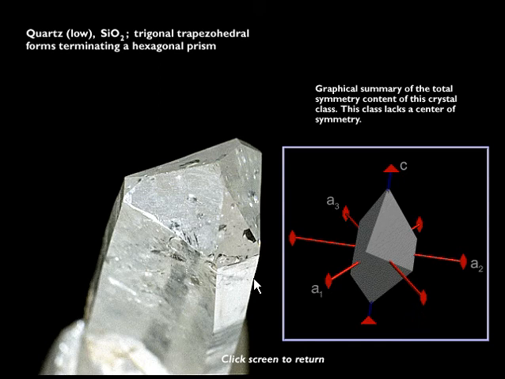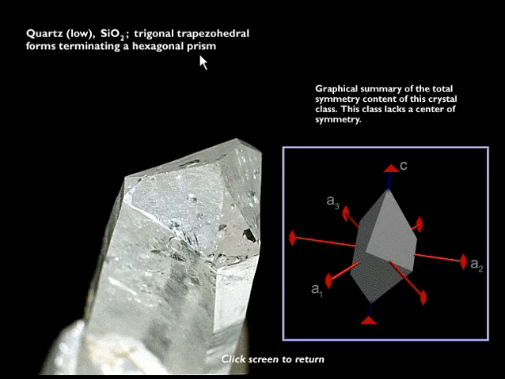Here, for example, we have the quartz, the low quartz, like you can find it on the Earth's surface. We have trigonal trapezoedral forms terminating a hexagonal prism.